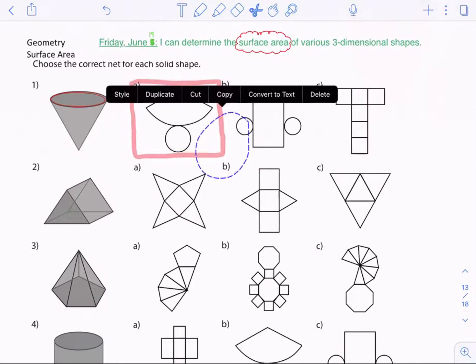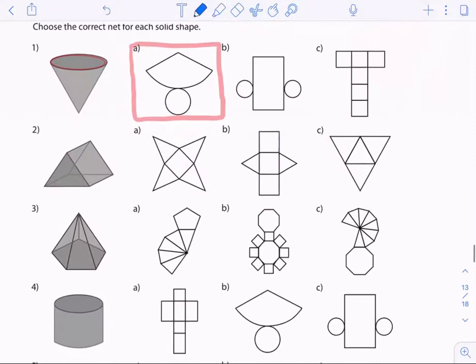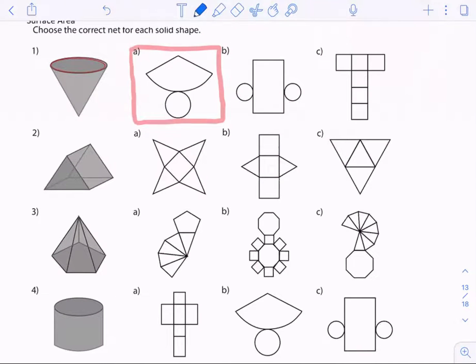You'll notice that pattern makers would use this type of visualization, this type of geometrical math. That and also origami.